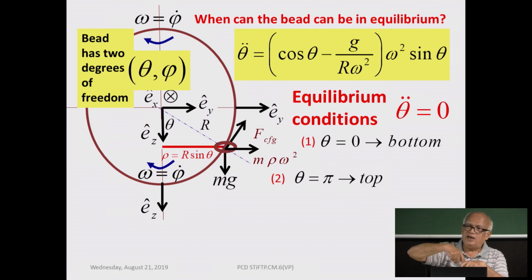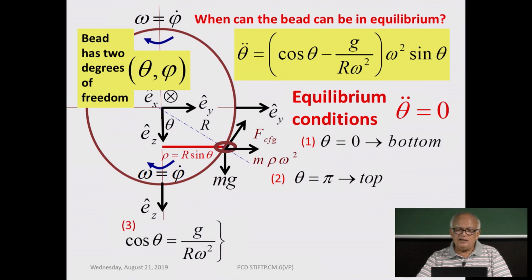So, depending on different angular speeds, this angle will be different, but you certainly can find an angle at an appropriate omega whenever cosine theta is exactly equal to g over r omega square.